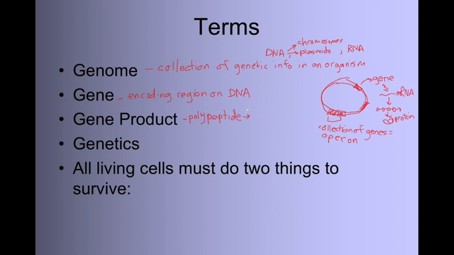But in reality, what we are talking about here are proteins. All right, so a gene product is a protein. And remember that enzymes are also proteins. So when we're discussing proteins, we're also, and most importantly, talking about the production of enzymes.